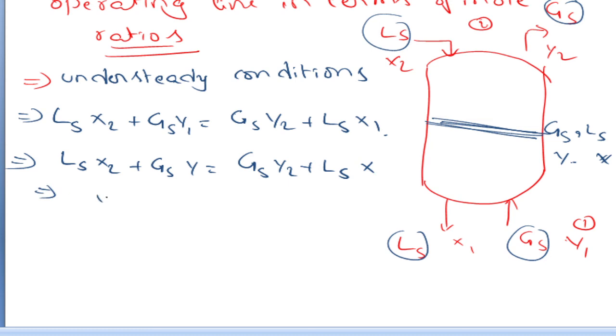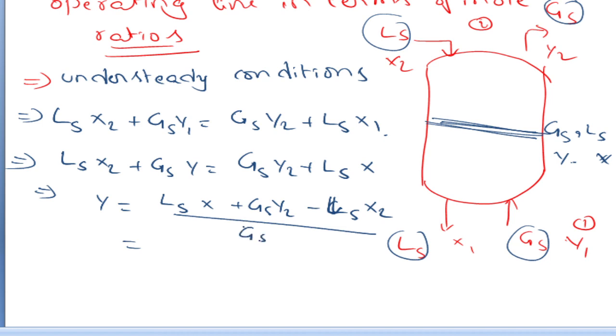Now again I can write down the equation in terms of Y. You can just rearrange the terms. So Y is equal to LS into X plus GS into Y2 minus LS into X2, divided by GS.